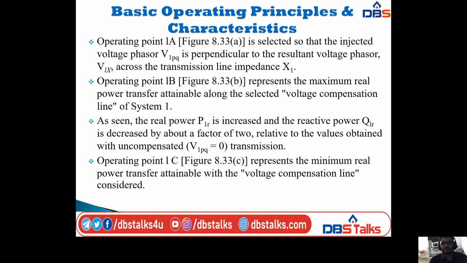So the operating point 1B represents the maximum real power transfer attainable along the selected voltage compensation line of system 1, but the operating point 1C represents the minimum real power transfer attainable with the voltage compensation line considered.